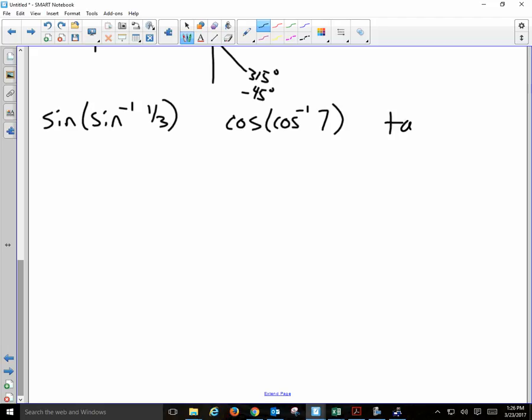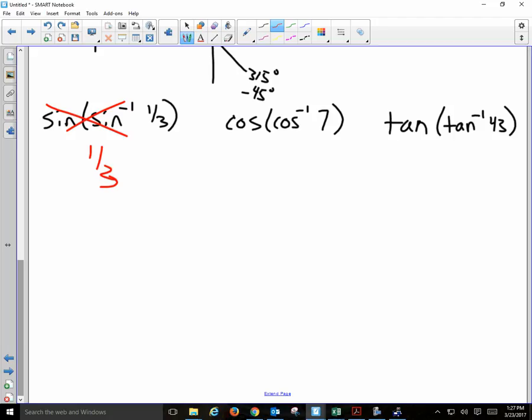Tangent of tangent inverse of 43. Sine and sine inverse are inverse operations. If they're inverse operations, what do they do? They cancel each other out. So what are you going to be left with here? 1/3.